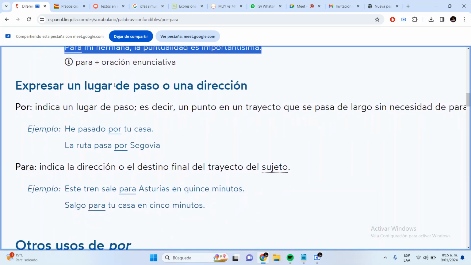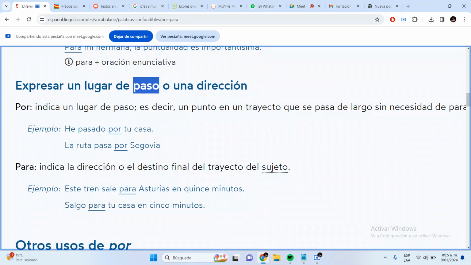Now we have lugar de paso o dirección. So in this case, we're going to talk about places, or if I'm on a route, una ruta, right?